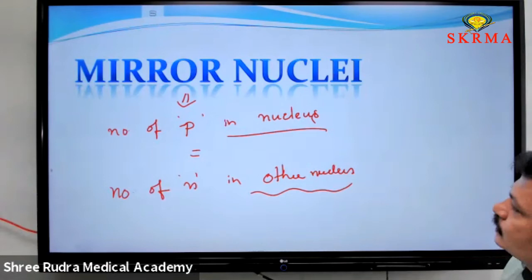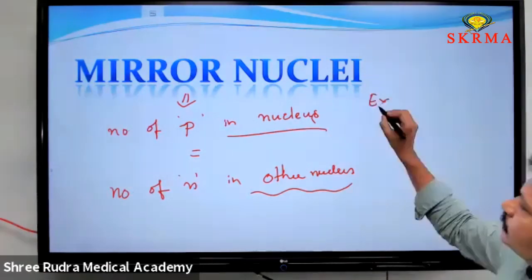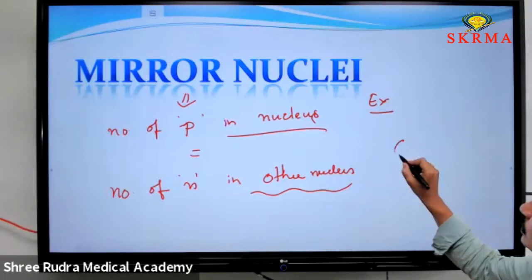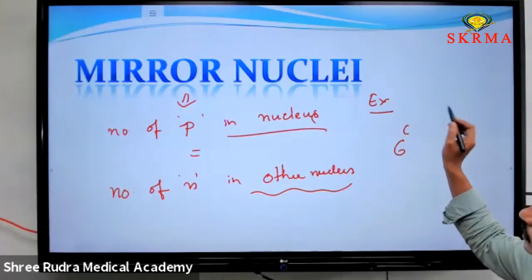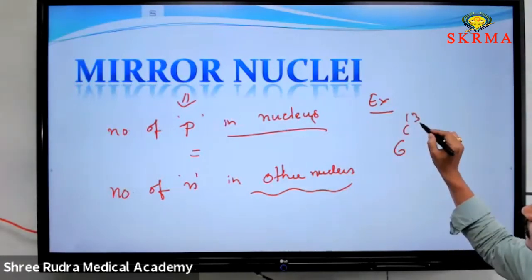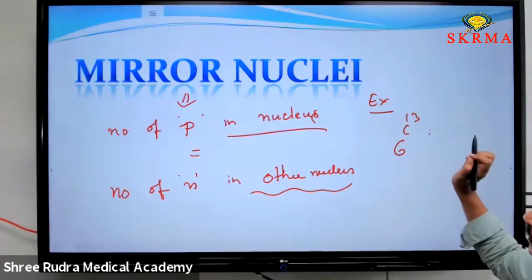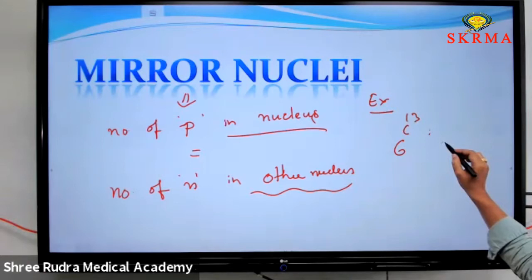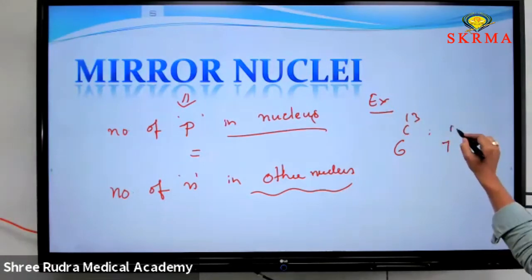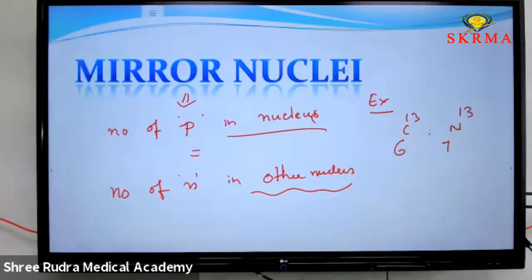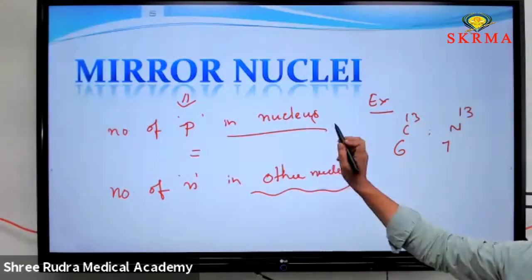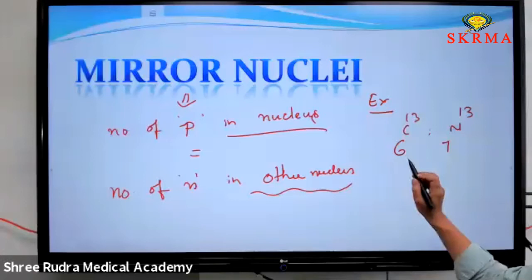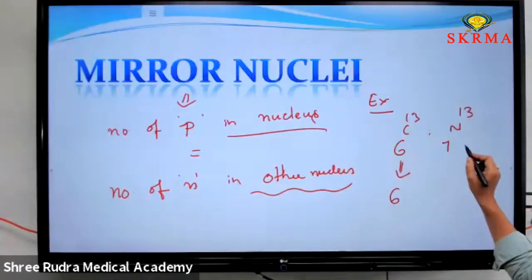Let's take an example: 6C13 and 7N13. In one nucleus the proton number is 6.